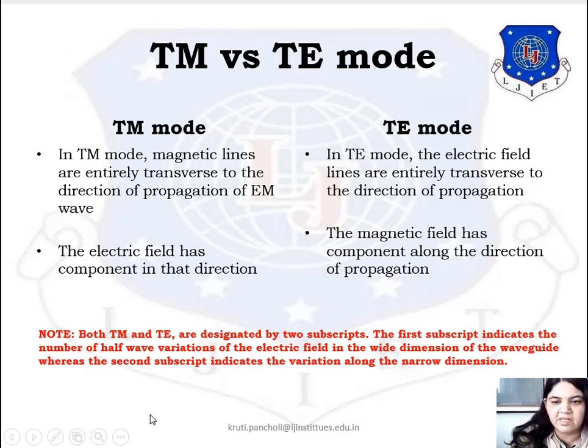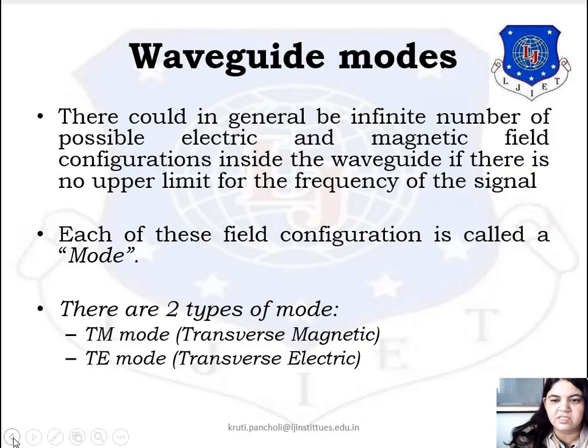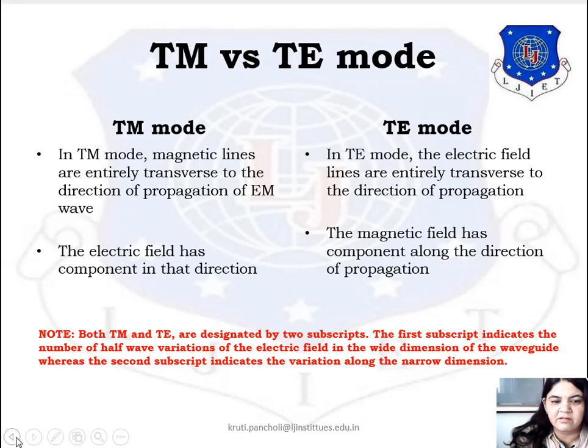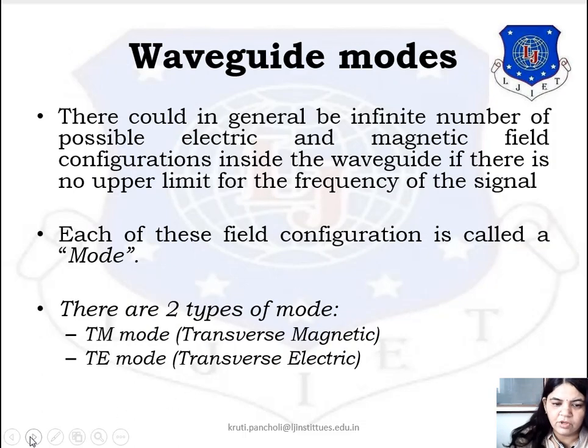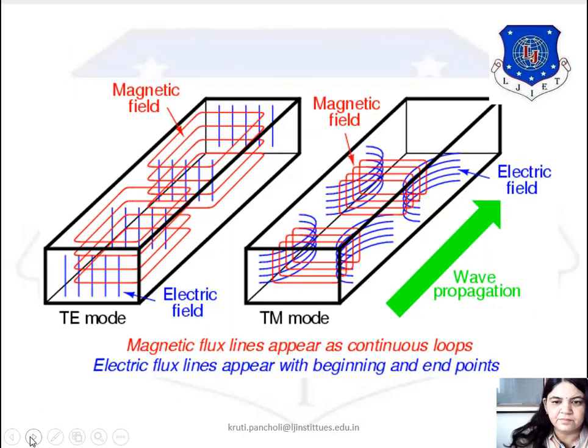The wide dimension and the narrow dimension that you have seen in the diagram: the wide dimension is A and the narrow dimension is B. Then we have to look carefully at what the variations are along these directions.